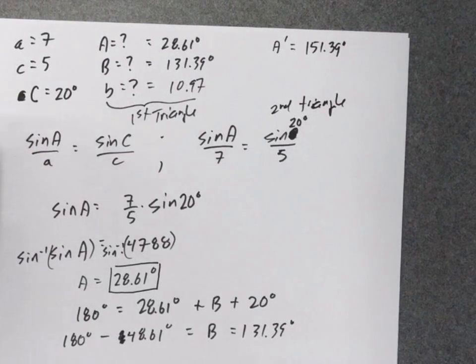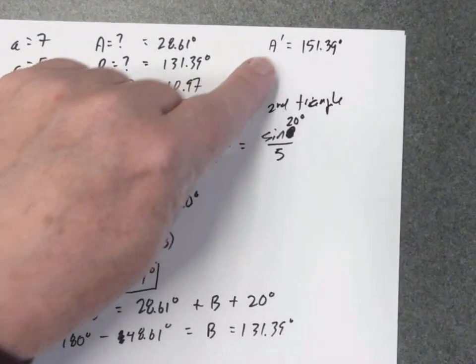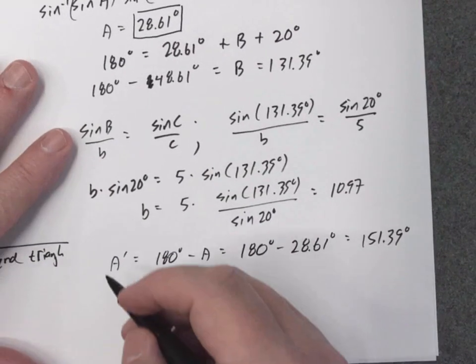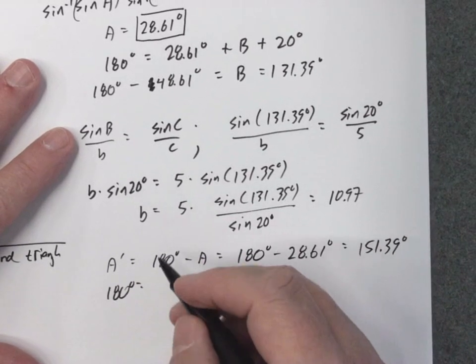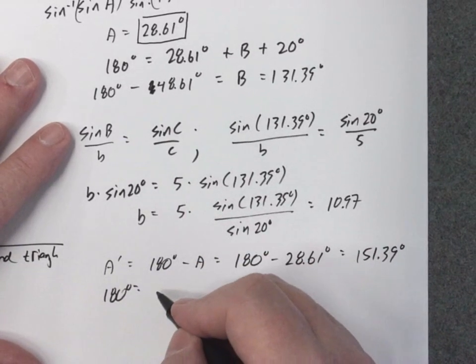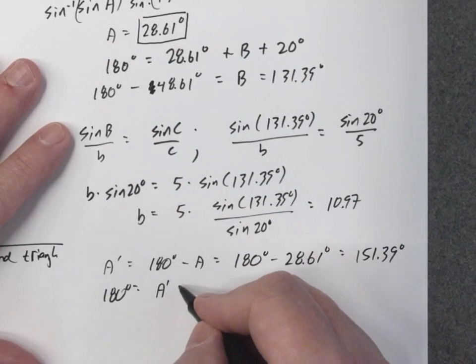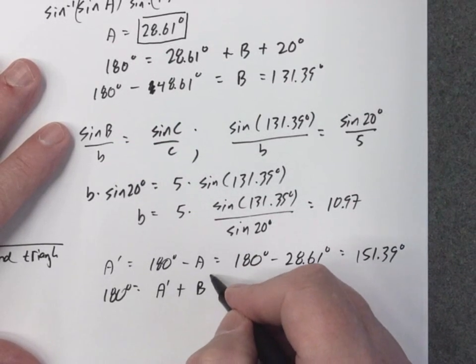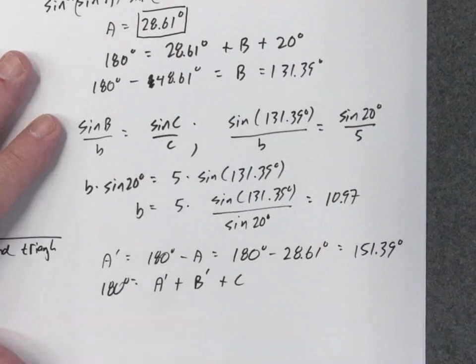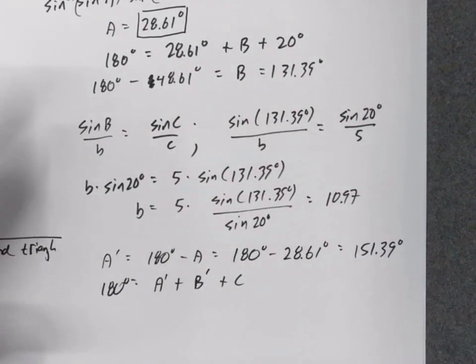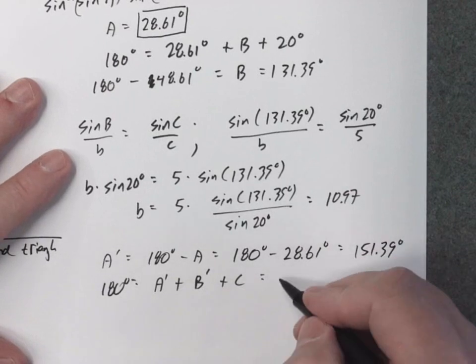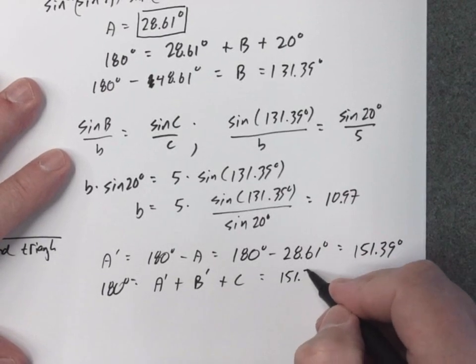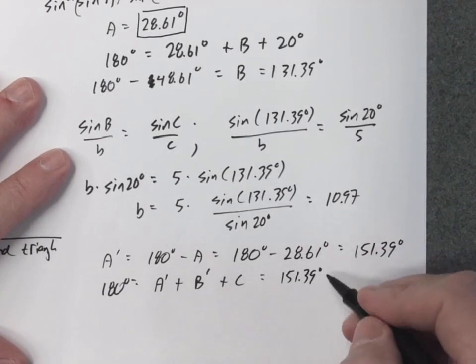Now, for the second triangle, I know angle C, I know angle A, I can find angle B. So 180 degrees equals the new angle A plus the new angle B plus C. C is the same for both. So the new angle A is 151.39 degrees.